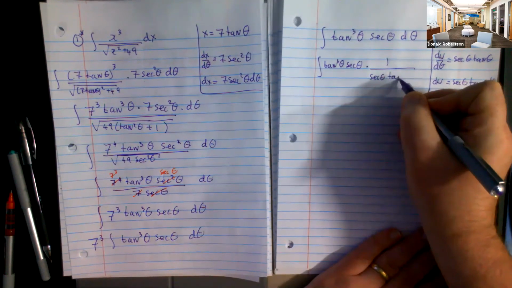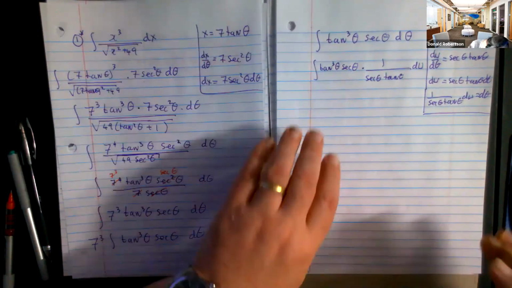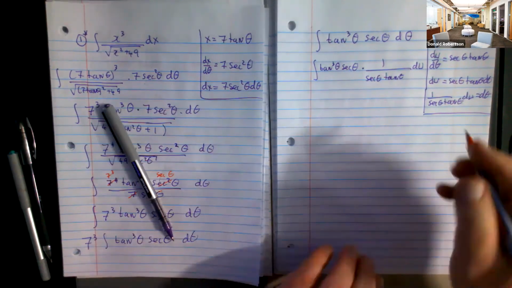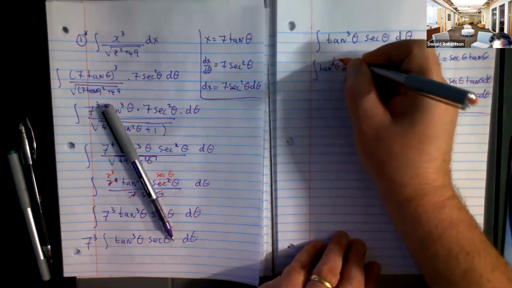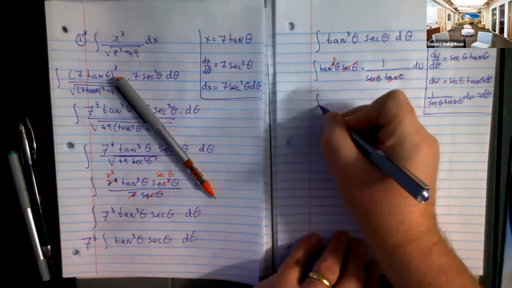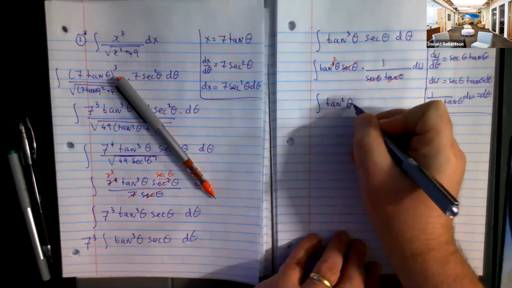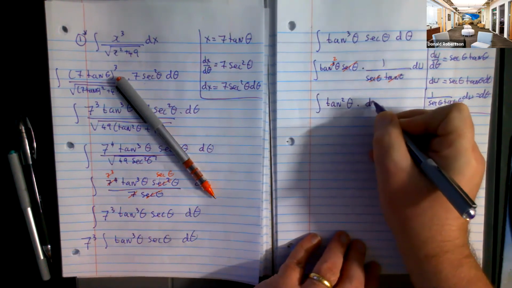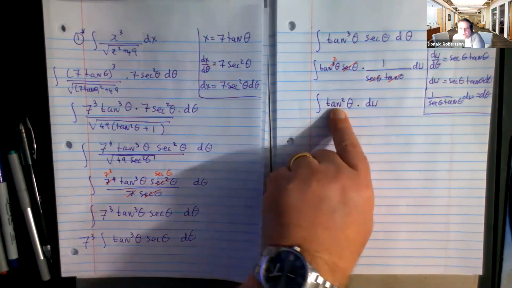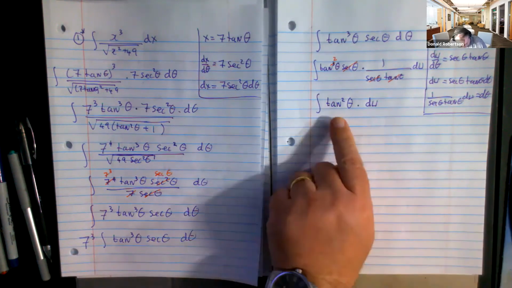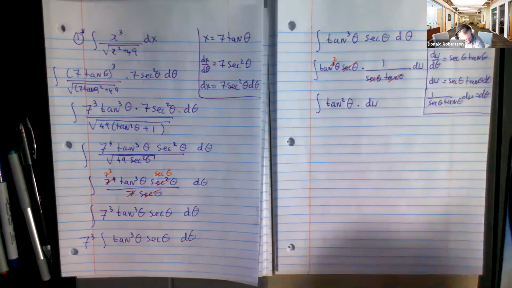In other words, you use up some of them. In fact, you use up quite a lot. Don't you use up all the secants and one of the tans? So you are now looking at that guy. We have an orphan tan squared. We don't want tan squared. We want something with secant squareds in it.